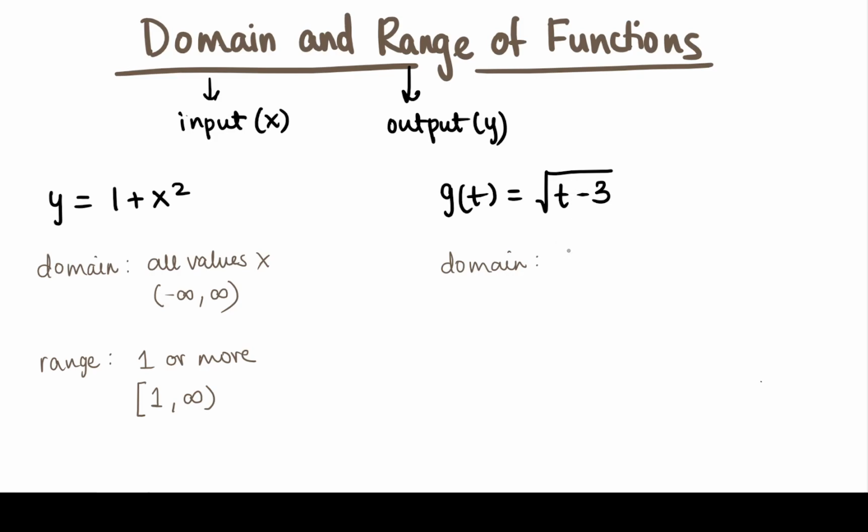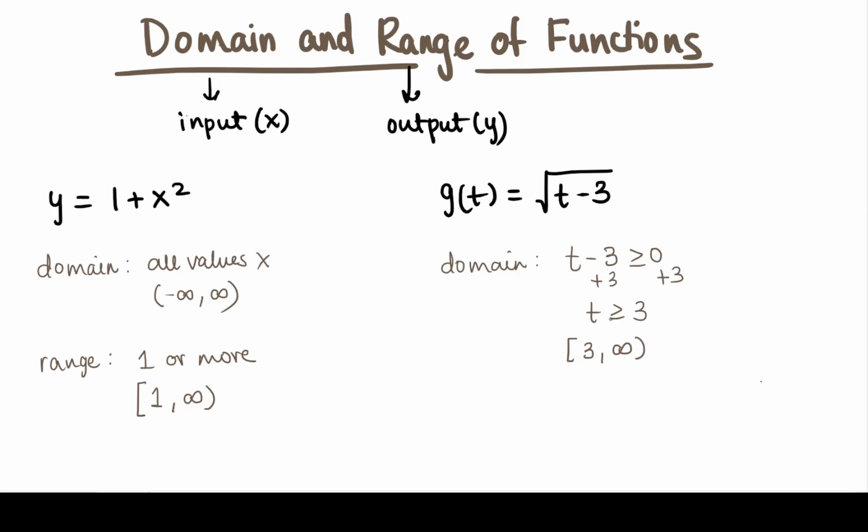So we want the input that keeps t minus 3 greater than or equal to 0. And then if we simplify this by adding 3 on both sides, this would give us t greater than or equal to 3. So the domain would be any number from 3 to infinity.